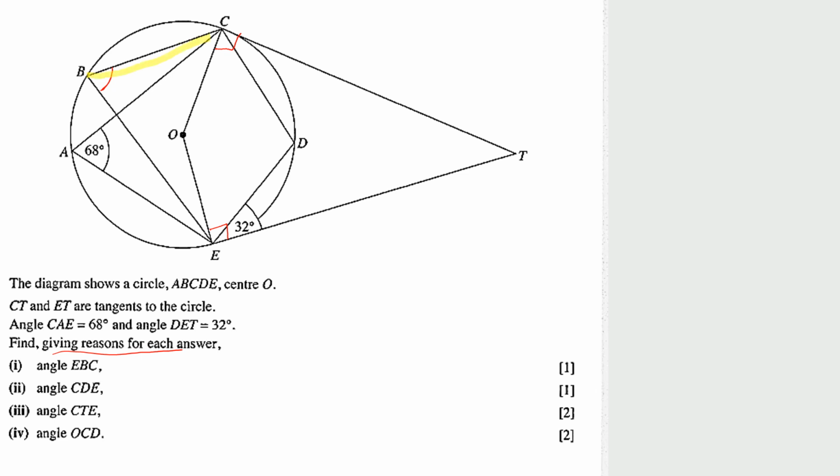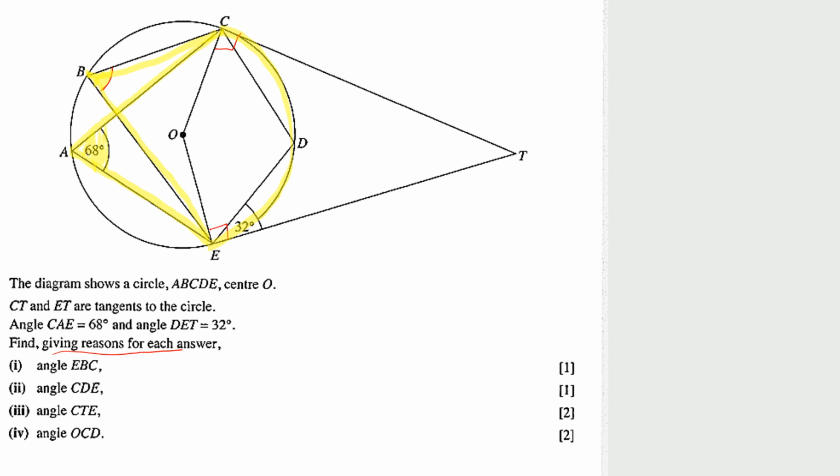So if you have a highlighter, you can just trace it out like that. So the arc that subtends this angle will be this one here, highlighted for you in yellow. Okay, and from the same arc, can you see that I can subtend another angle at the circumference? So basically these two angles are the same, right?